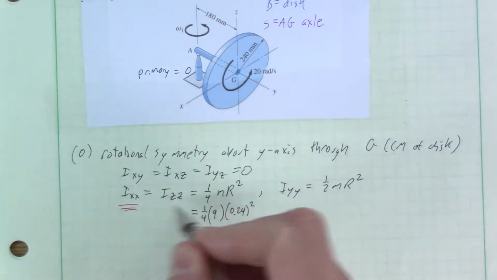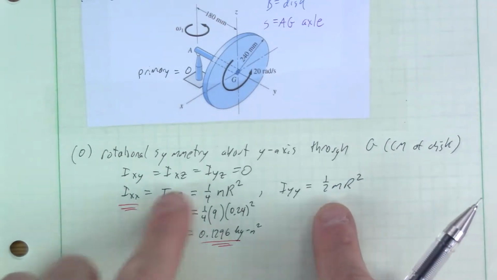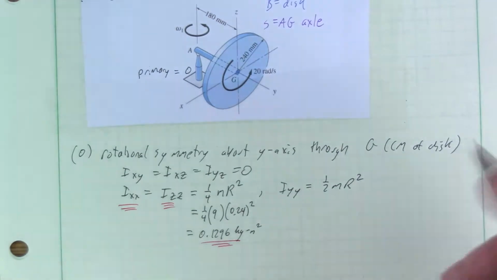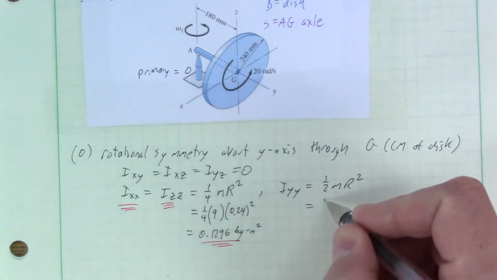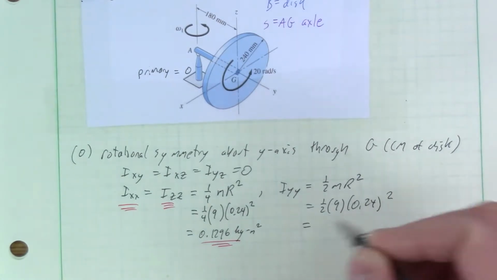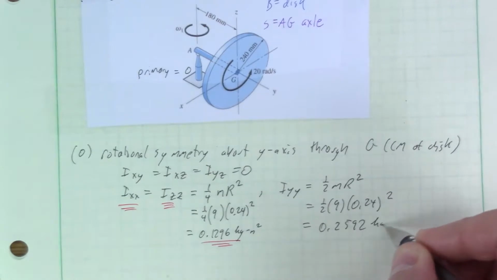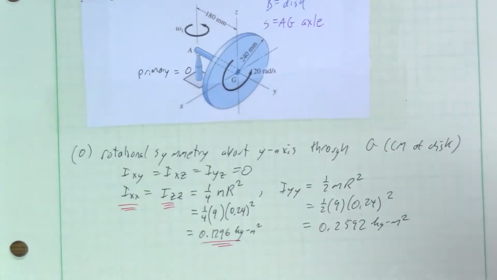So that's I about the x-axis and about the z-axis as our moments of inertia. And then this one, you just have to multiply this by 2. Well, we'll write it all the way out. This is 1/2 times 9, 0.24 squared, which turns out to be twice that, 0.2592 kilogram meter squared. Great.